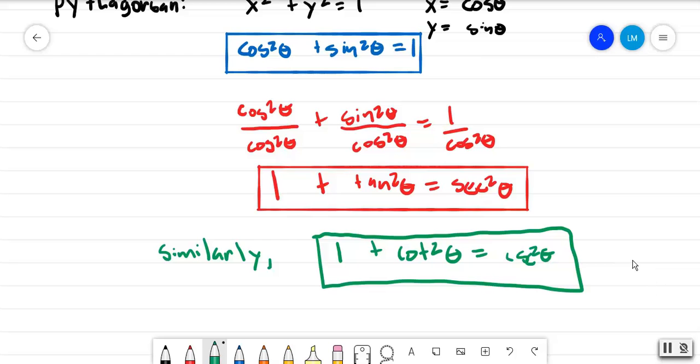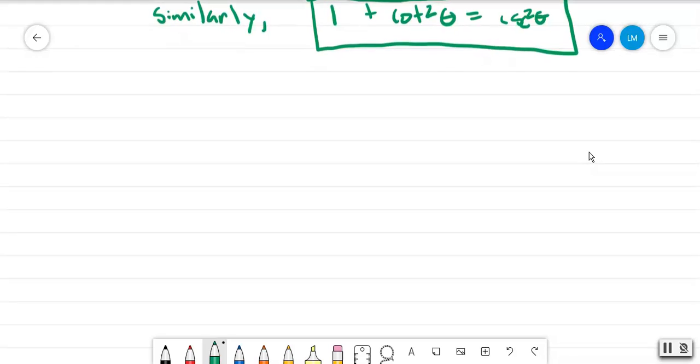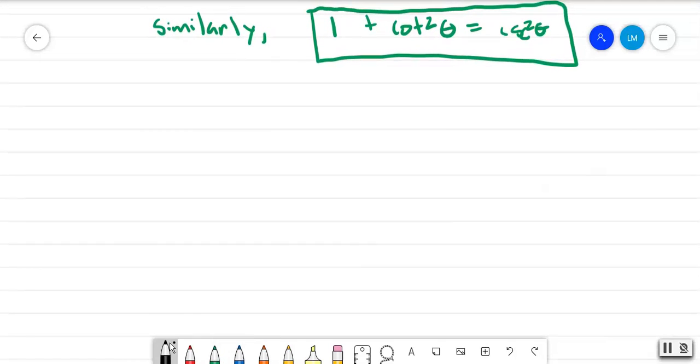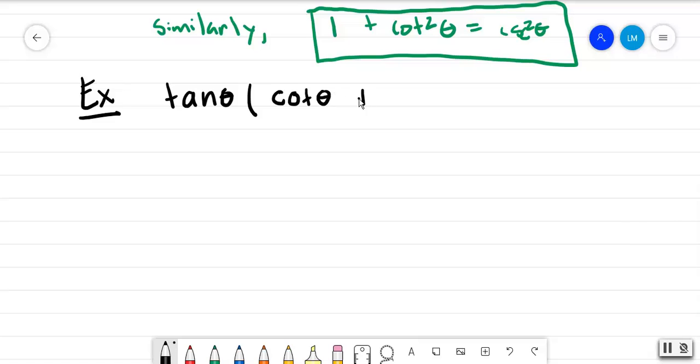Okay. Now, how you would use this in an example: let's say we have the expression tangent of theta multiplied by cotangent theta plus 1.